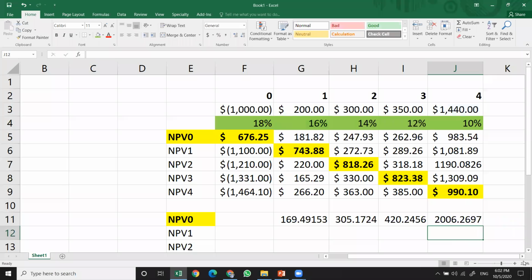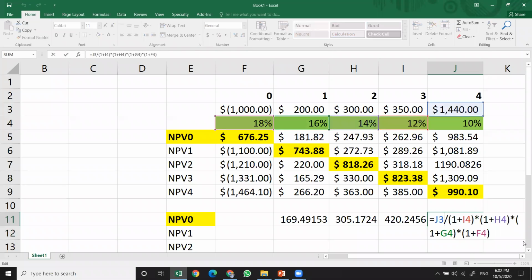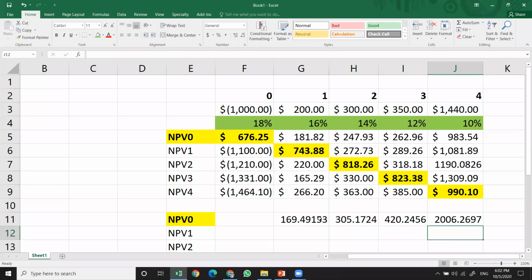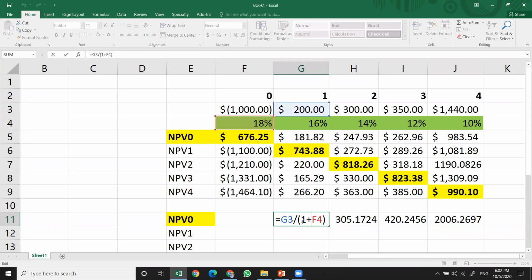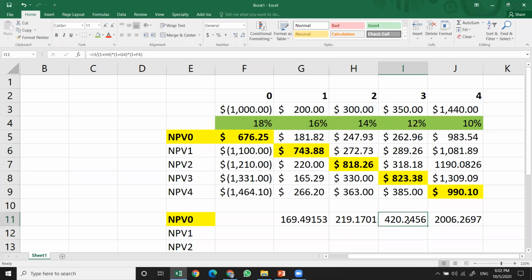Oops, there should be some mistake. I know where the mistake is, because in Excel, if I don't put it like this, I should take everything into brackets, because it does multiplication first and division.